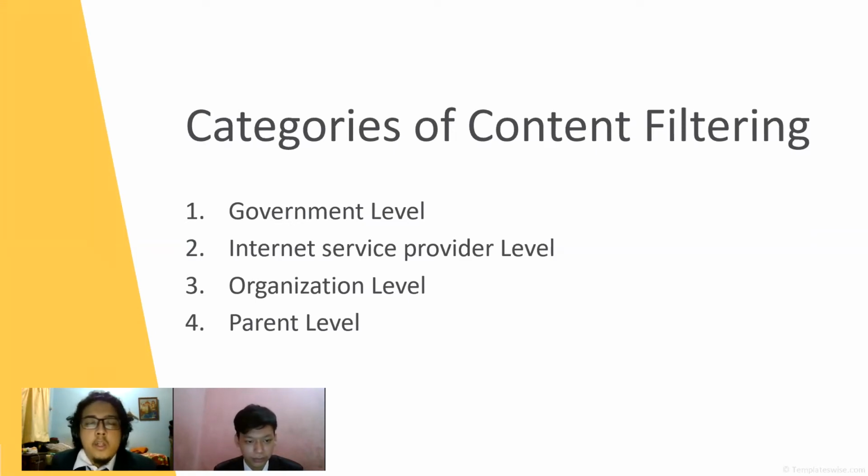Next is the organization level, usually installed on the local area network or intranet, and usually done by organizations to increase the productivity of their members. The last one is the parent level, which means on the family level, the filtering is done by the head of the family, like our father, to prevent kids from opening inappropriate content.